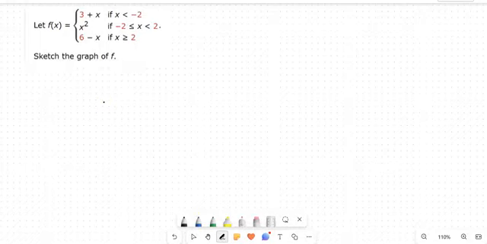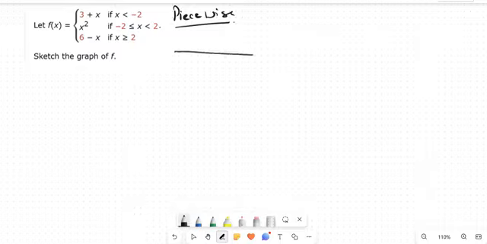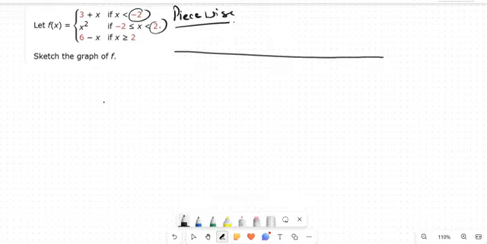So the question here is to sketch the graph of this function. This is a piecewise defined function. What does that mean? That if you say number line, let's see the split numbers -2 and 2. So there is -2 and 2. Before -2, the function is defined as 3 plus x, okay?